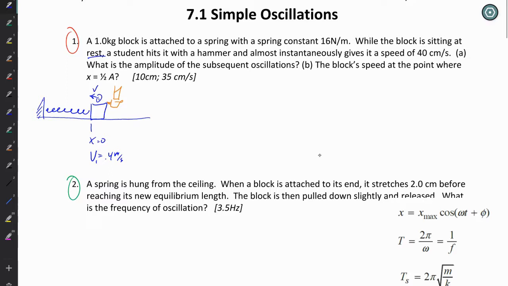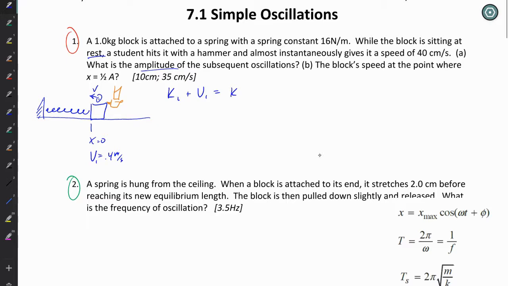So the general form of the conservation of energy says that the kinetic energy at a location plus its potential energy at that location is going to be equal to the sum of those two at any other location. One thing we're interested in is the amplitude of the oscillation.